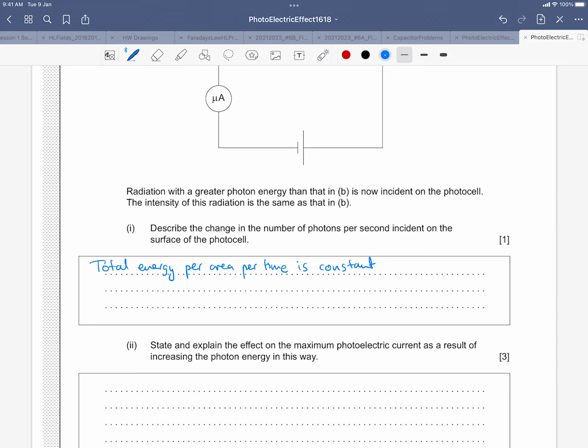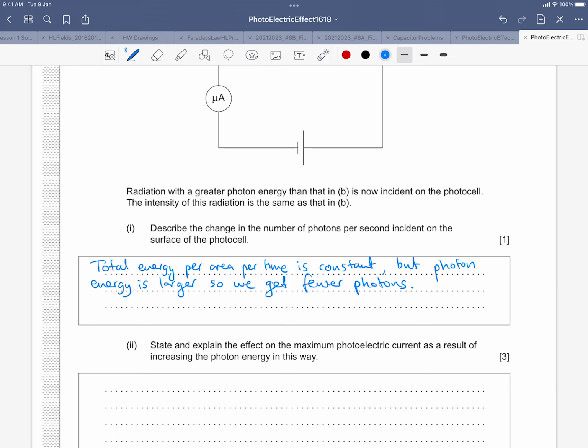If the photon energy has gone up, we get fewer photons for the same amount of energy. So total energy per area per time is constant, but photon energy is larger. So we get fewer photons. The energy is divided up into fewer photons, right? So just to emphasize that.